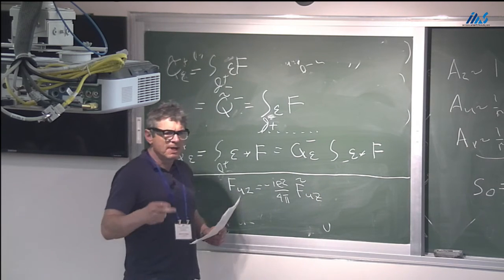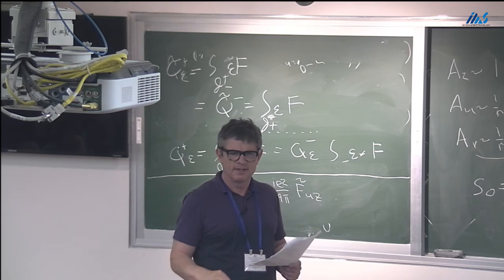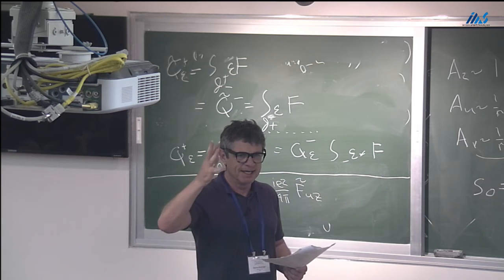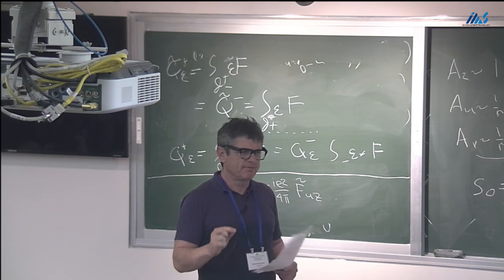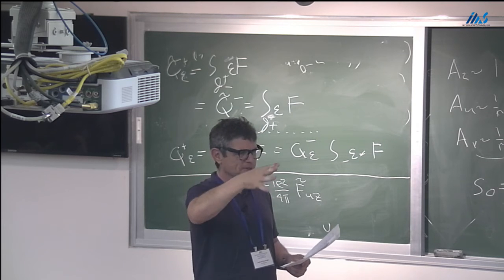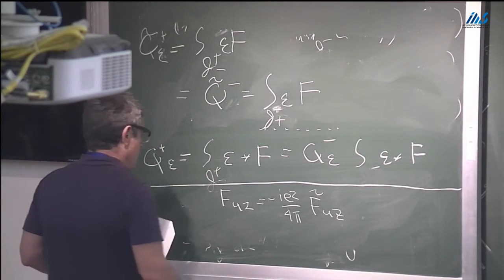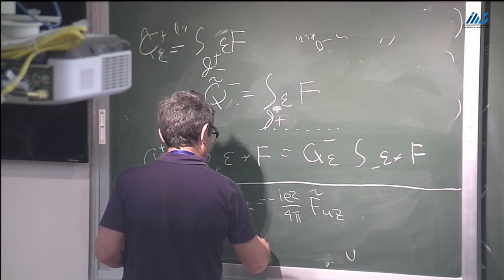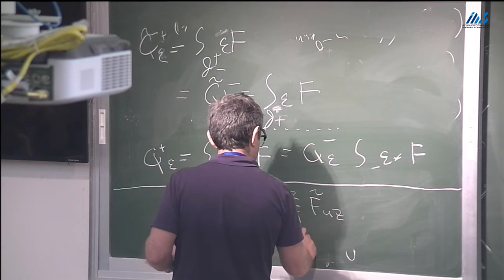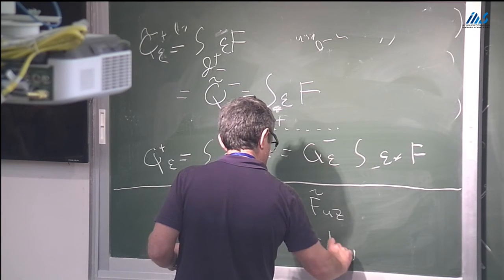So under the electromagnetic duality transformations, the radiative modes at null infinity, it's a local transformation. They just get multiplied by i. That's the fact that electromagnetic waves are oscillating E and B, and you multiply by i, and you're just turning E into B. So if we integrate both these equations and drop the integration constant, we get A_z is equal to minus i e squared over 4 pi A tilde_z.